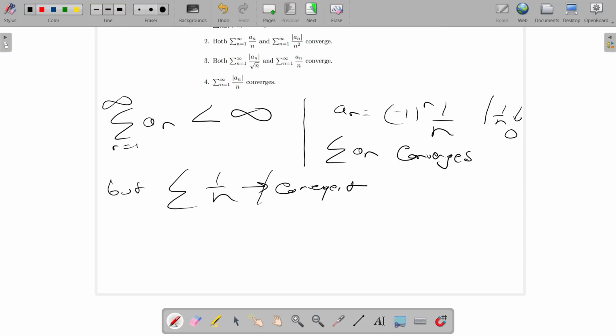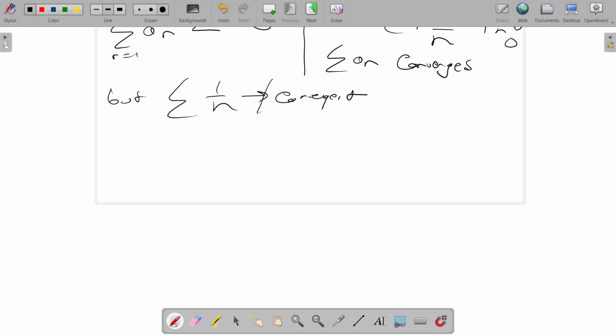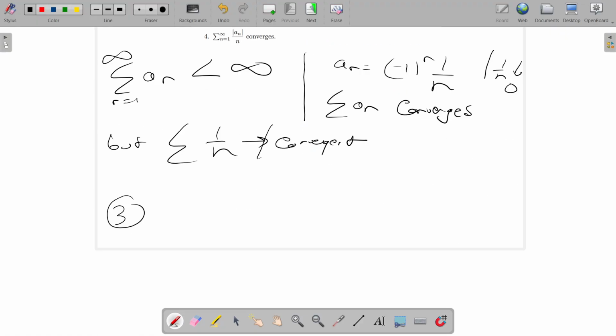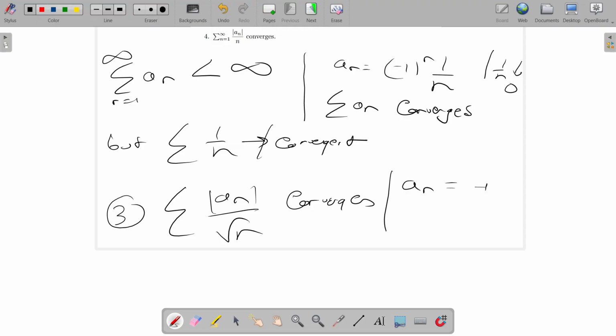Now option three can also be easily discarded because it says that both of these must converge. They are saying that the summation of mod a_n by root n must converge, but this is not necessarily true. Say we take a_n to be minus 1 to the power n, 1 by root n.